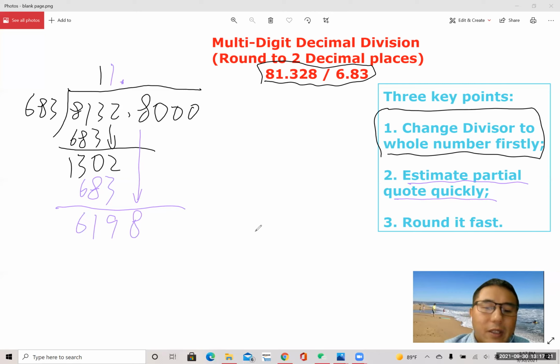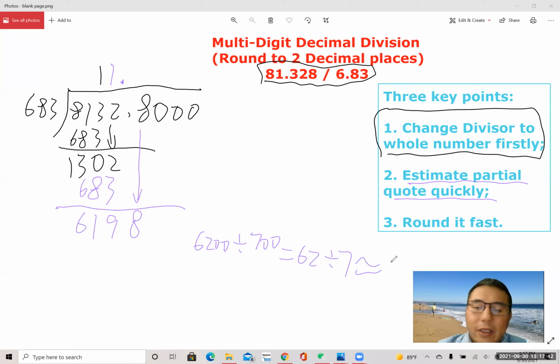So it's 700. Then this goes to 6,200 divided by this. We can simplify it to just 62 divided by 7. Then we can get the partial quotient is 8.